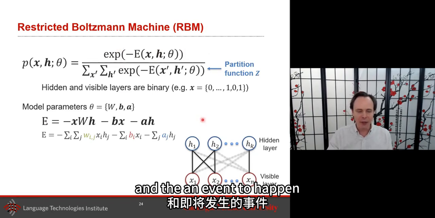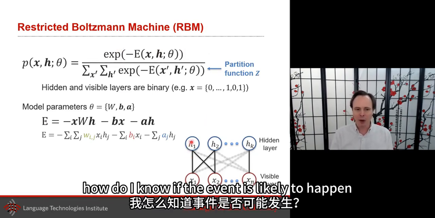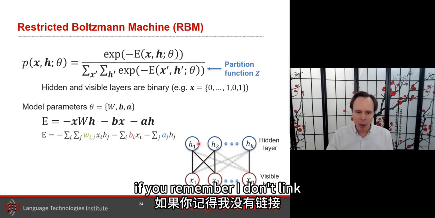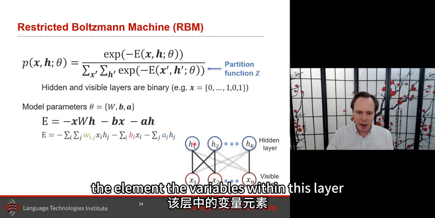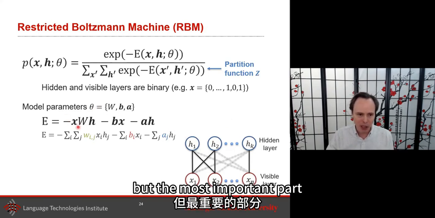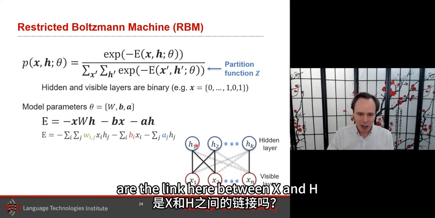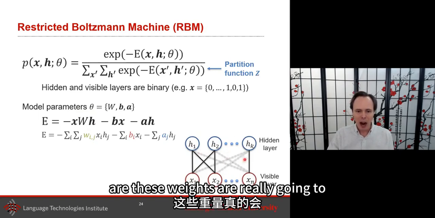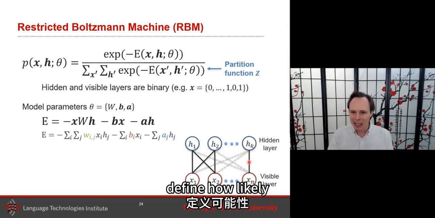And how do I know if the event is likely to happen? For that, I will look at all of these links. If you remember, I don't link the variables within a layer, so there's no link there, but the most important part are the links between x and h. All of these weights are really going to define how likely.